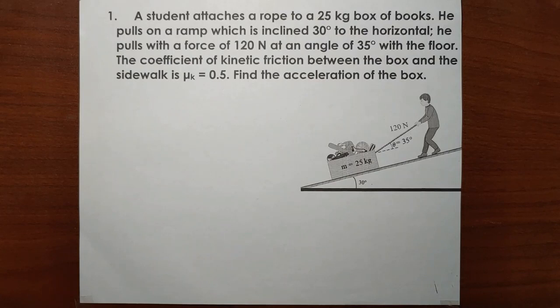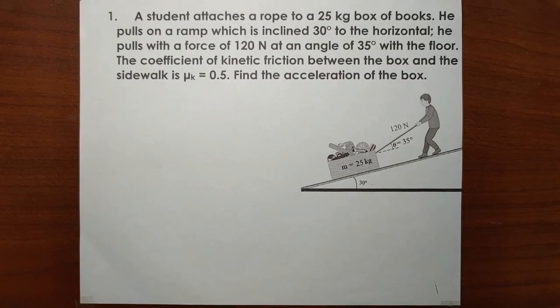So, as you can see here, the only difference that I did is that I added the 30 degrees of inclination. That means that we're going to be doing a few changes. The most important change that we need to consider, I'm going to give it to you in a note. The main difference that we're going to have is going to be the weight.